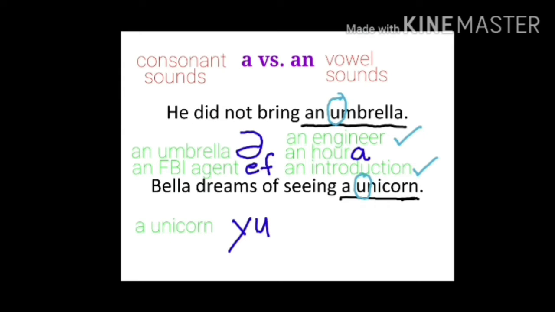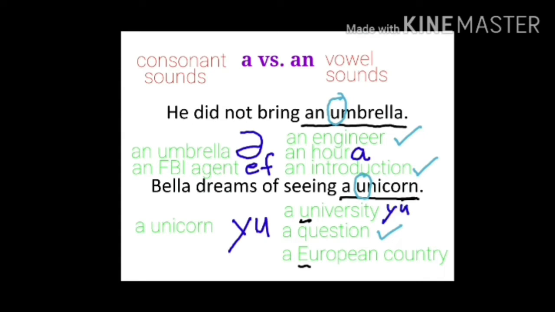Other examples for nouns starting with consonant sounds are a university, a question, a European country. The word question obviously starts with a consonant sound, but for the words university and European country, although they start with a vowel letter, they actually begin with a consonant sound.